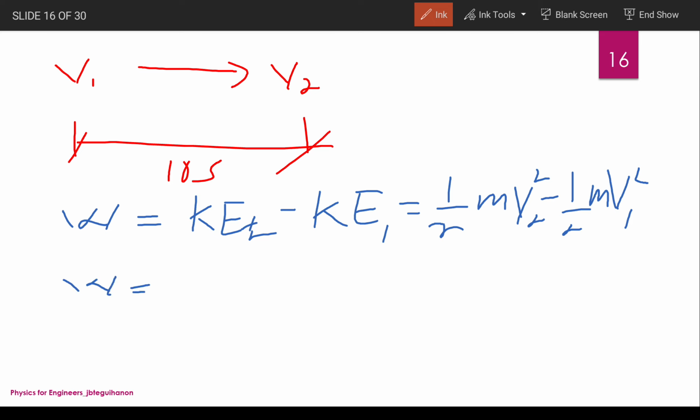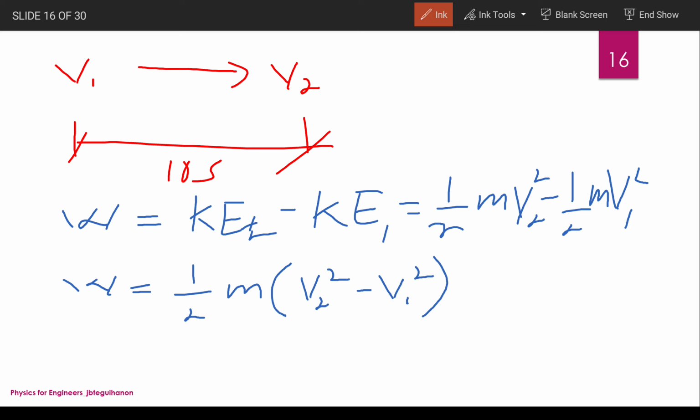So let's continue. What you're gonna do now is simplify it. Okay, alisin mo yung common, no? So ang common dyan is 1/2 at yung m, okay? And then you will have V2 square minus V1 square.